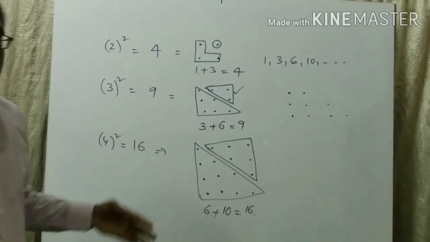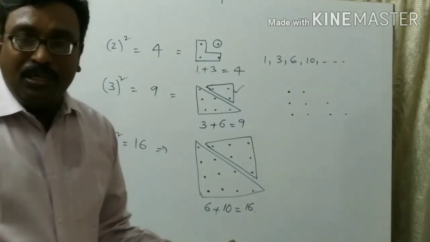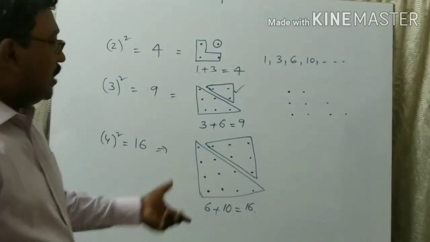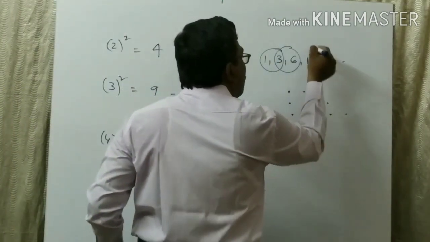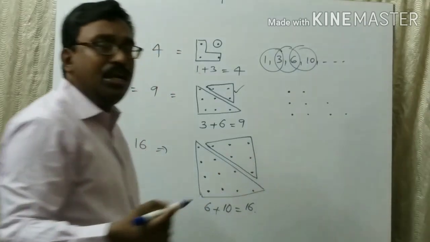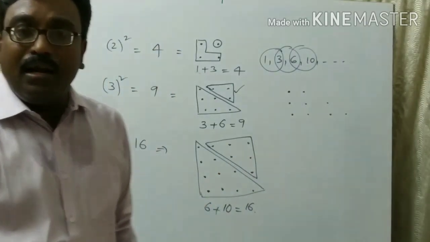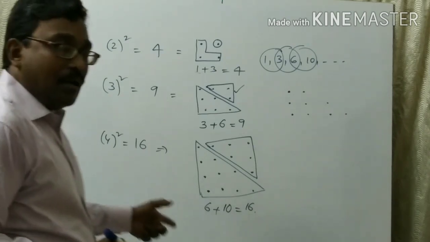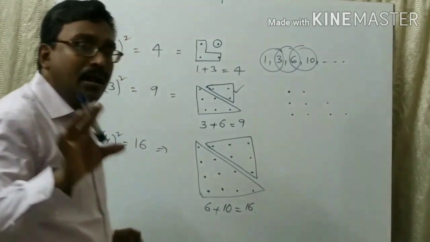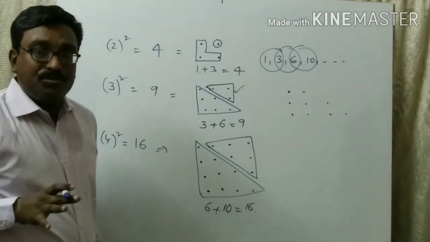So finally, what conclusion can we come to here? Yes, the sum of any two consecutive triangular numbers is a perfect square.